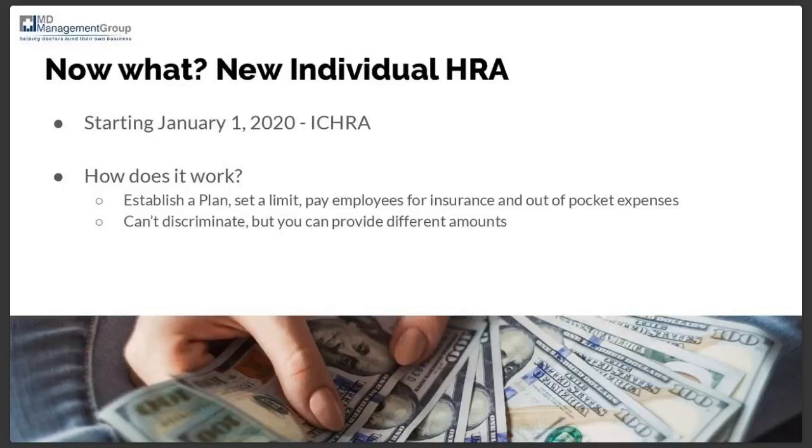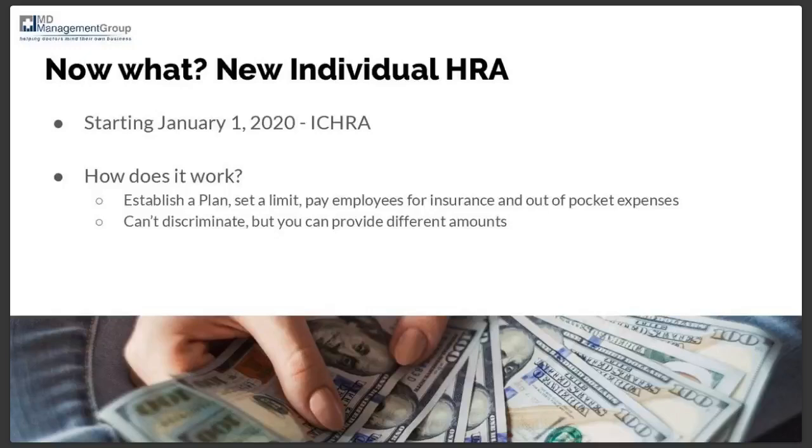And then the cons of an ICHRA plan is that employee classes are narrow, but stay tuned. As I said earlier, this is a perfect plan for those that are 50 employees or less, and so that is something we may want to take a look at. It may be unfamiliar to employees.